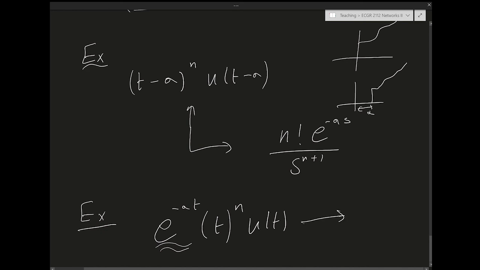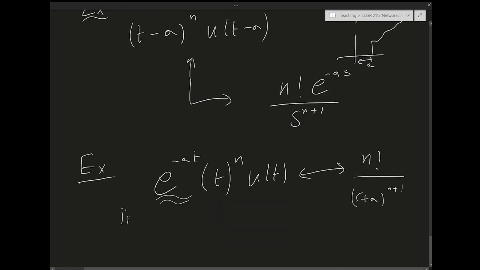We get the same thing, but now s is shifted by a, s plus a. Right? So you'll always have to go back and remember the properties, and this allows you to manipulate a lot of expressions just directly from the properties.